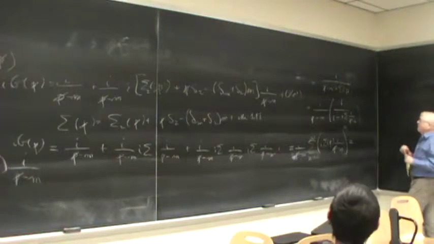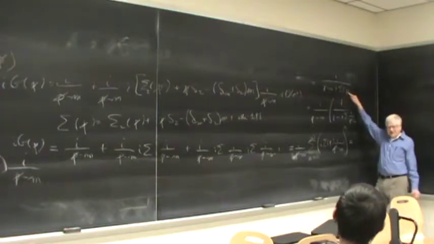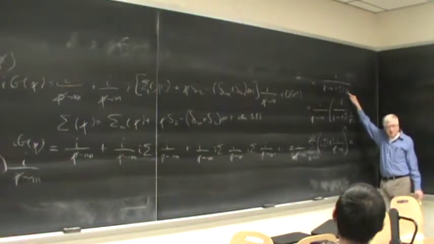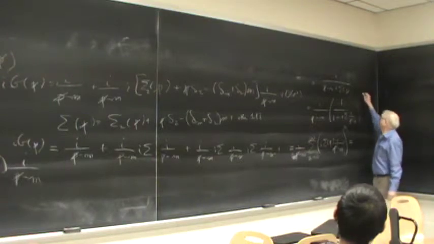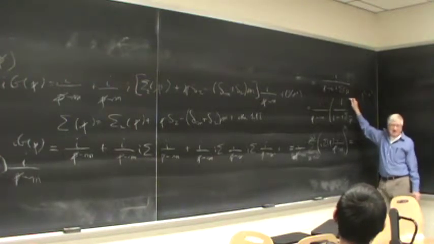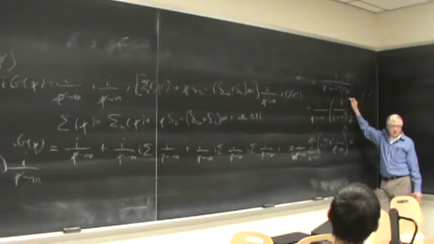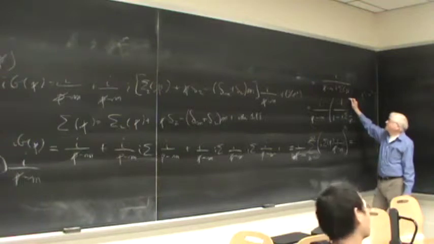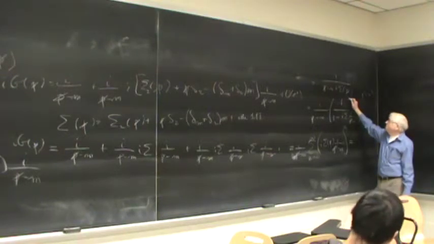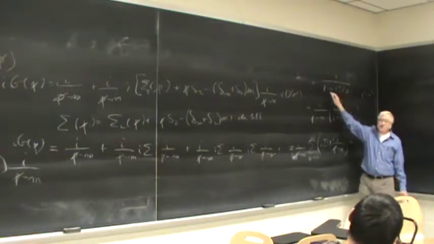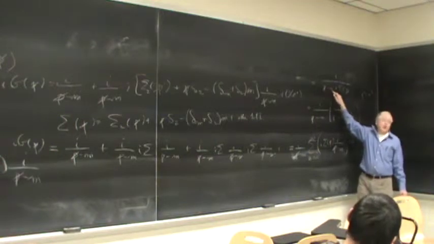And now what do we want? Well, we want that when p is on the mass shell, in other words, when p squared equals m squared, Schwartz writes that as p-slash equals m. I think that's just confusing. We want to say that when p is on the mass shell, this vanishes so that we get the normal electron propagator.